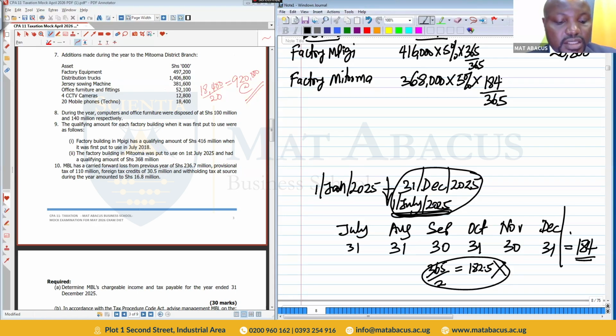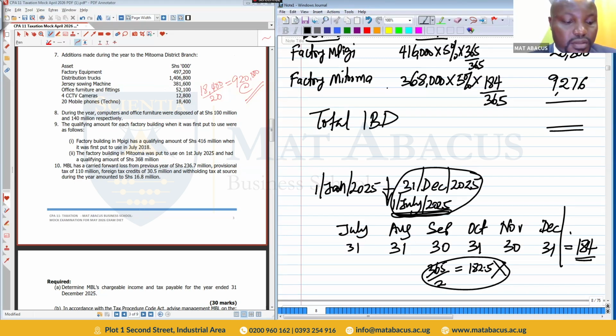So when I put this into a computation, I will get 184 days divided by 365. I multiply by 5% times 368,000. And I will have 9,276 as my IBD. So I will get my total IBD.